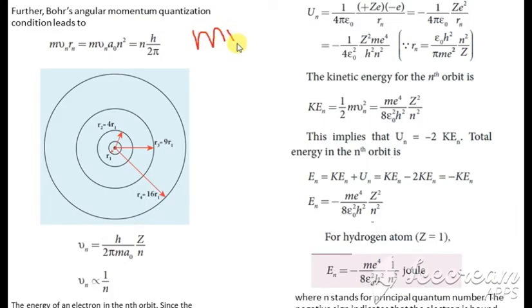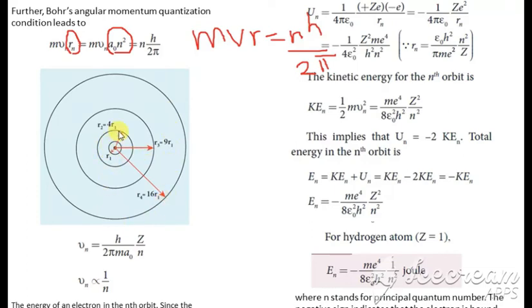Again, taking the equation, mvr is equal to what? nh divided by 2 pi. So m vn rn, and we know the value of Rn is a naught into n square, so a naught into n square is equal to n into h divided by 2 pi.